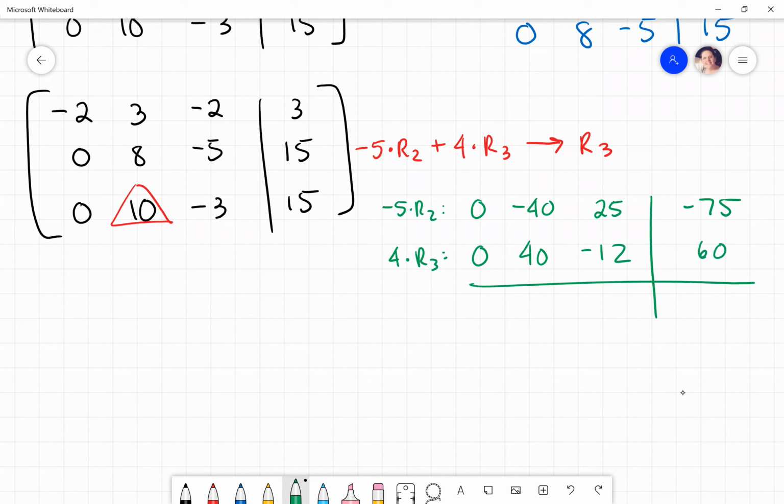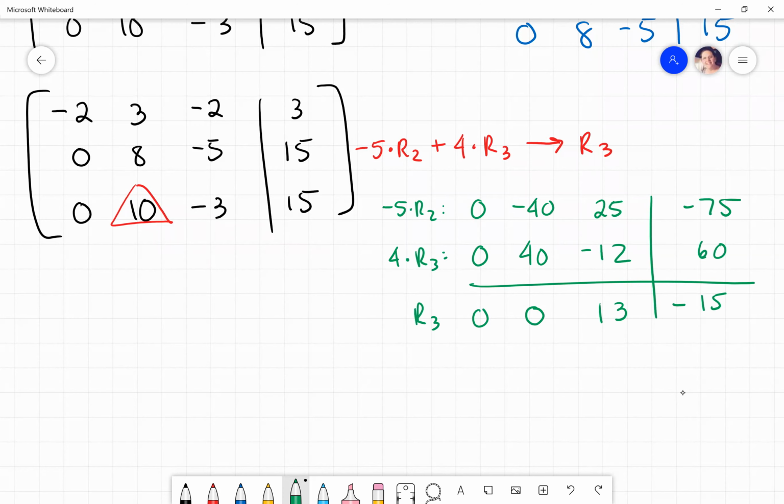All right, now we're going to add these together. 0 plus 0 is 0. -40 plus 40 is 0. 25 minus 12: 5 minus 2 is 3, 2 minus 1 is 1, so 13. And -75 plus 60 is the opposite of 75 minus 60, which is 15, so -15. And that's going to become our new row 3.